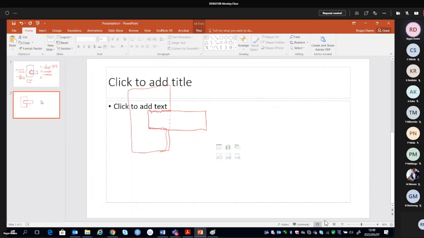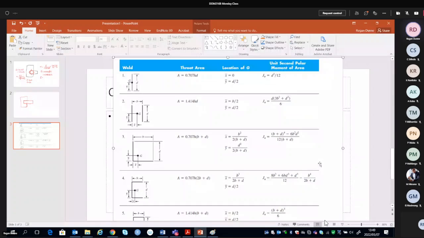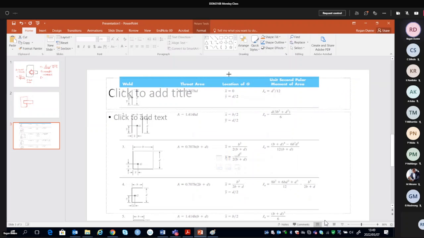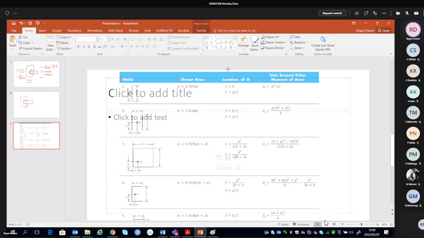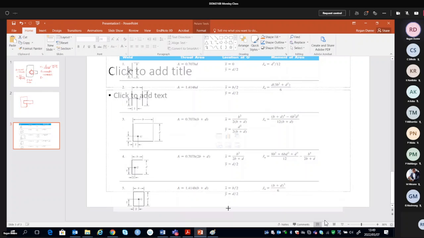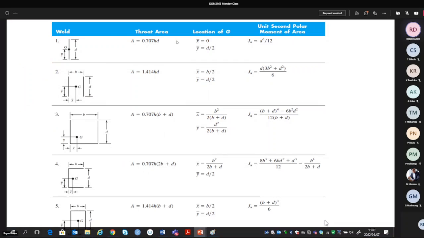I think it's important. I have to squash this table a bit. I like to work in PowerPoint instead of Word, instead of Paint, because it gives a clearer view, it's easier to work with.